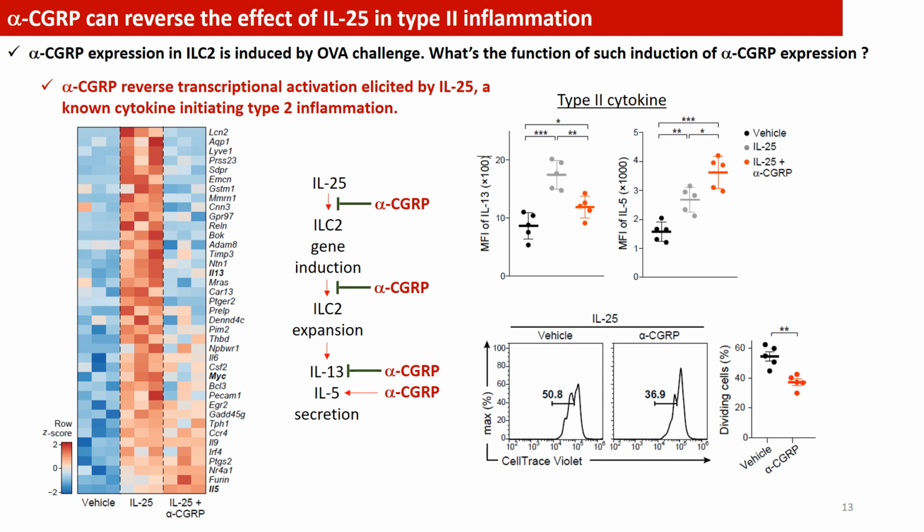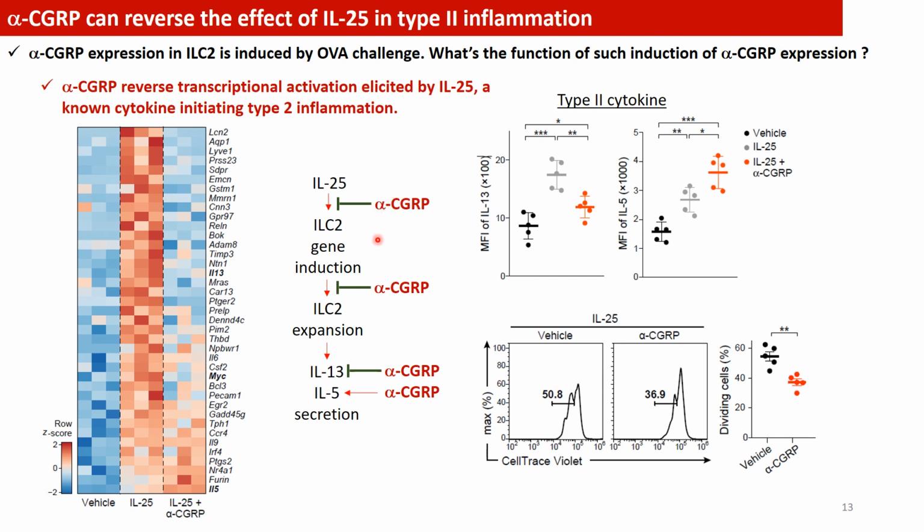The author used in vitro primary culture of ILC2 to answer this question, and found that IL-25 is capable of eliciting prominent transcriptome induction of a series of genes, and such induction can be reversed when co-treated with alpha-CGRP. It means that alpha-CGRP reverses the transcriptional activation elicited by IL-25, a known cytokine initiating type 2 inflammation.